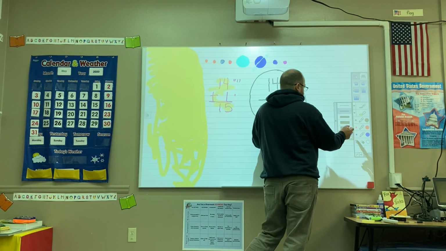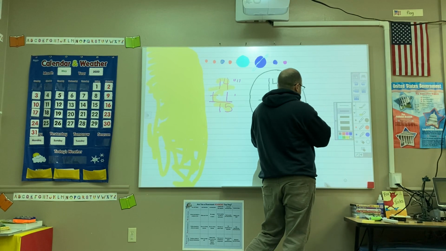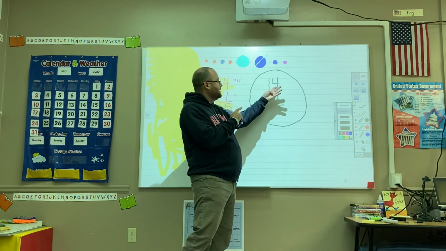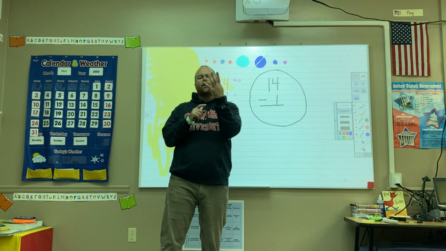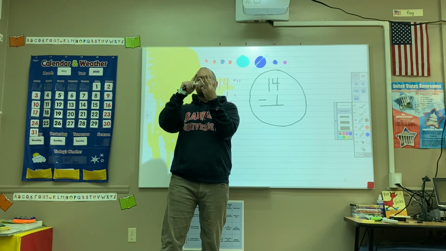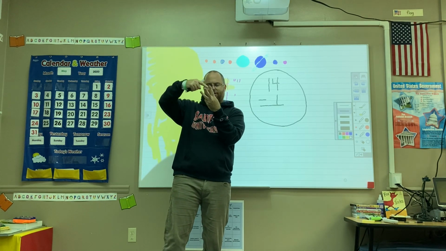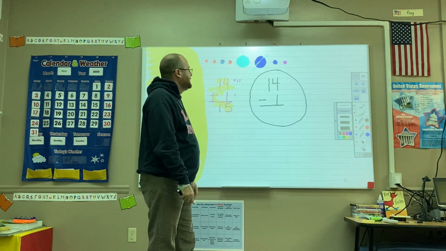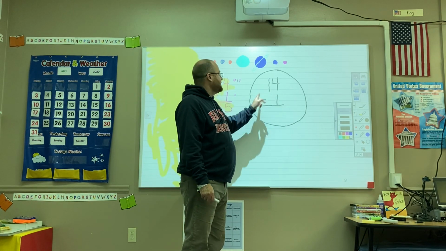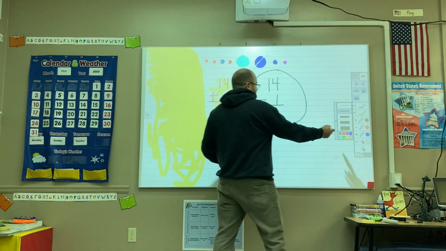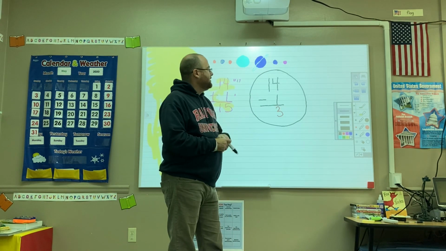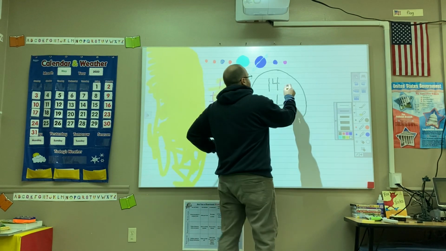Okay, so if I put 4 on my hand, I start with 4, and I take 1 away. That's 1 away. How many do I have left? 1, 2, 3. 3. 4 minus 1. 4 take away 1 is going to give me 3. Now another way that you could have done this is you could have drawn 4 dots.